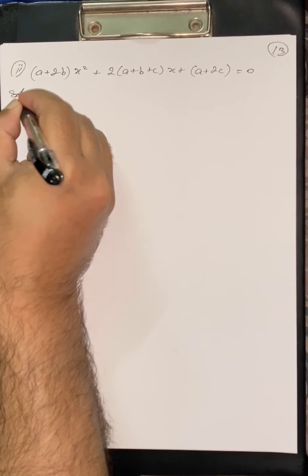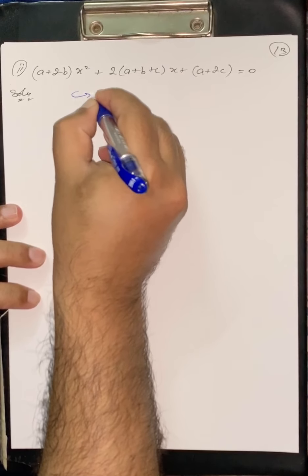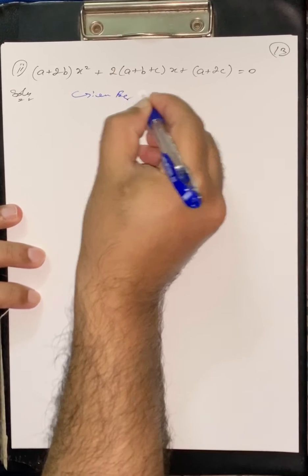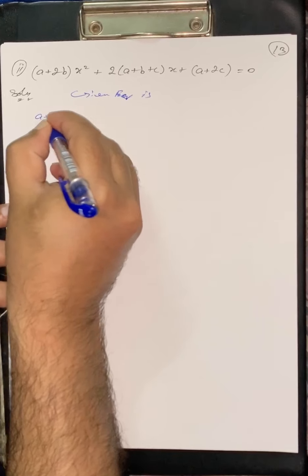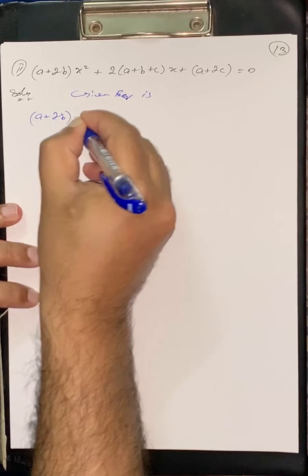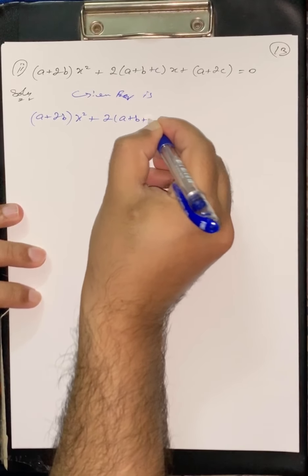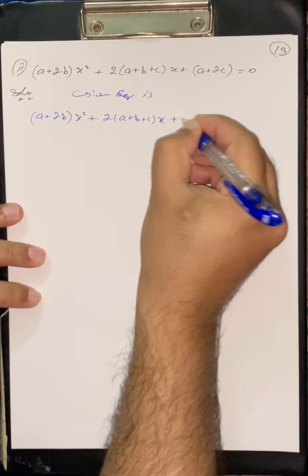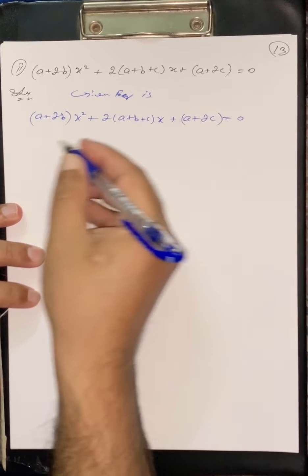So here we go for the solution. We write here, given equation is (a plus 2b) x square plus (2a plus b plus c) x plus (a plus 2c) equals to 0.